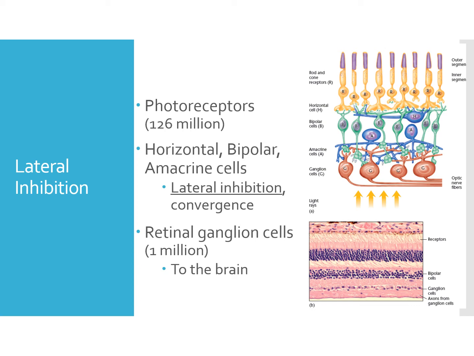because we've talked about the photoreceptors, that we have 126 million per eye. They're going to communicate through the bipolar cells. We're going to see some convergence here, where many photoreceptors are going to communicate to a single bipolar cell, because when we then converge onto the retinal ganglion cells, we only have 1 million retinal ganglion cells that are sending their axons to the brain, as those axons make up the optic nerve.